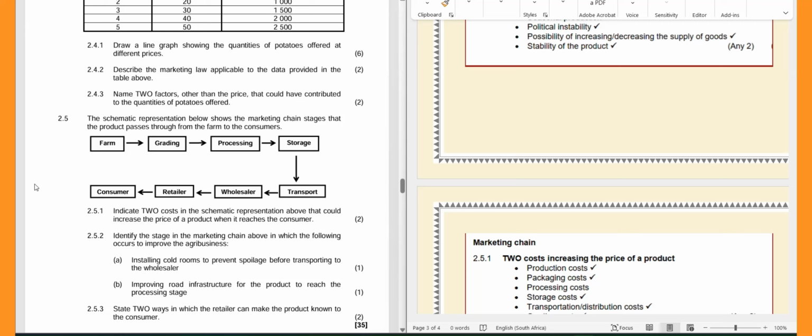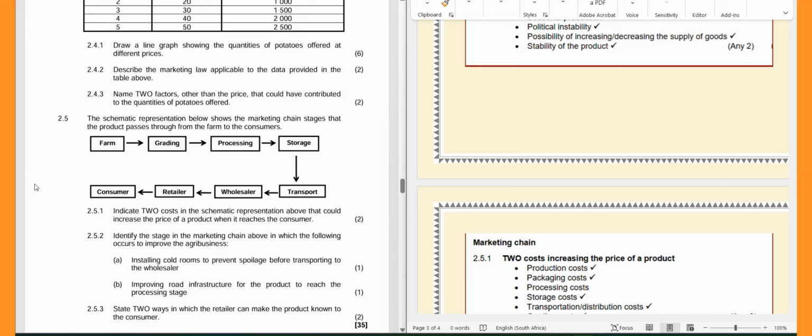Representation below shows the marketing chain stages that the product passes through from the farm to the consumers. We have farm, then from the farm we have grading, then processing, then storage, then transport, wholesaler, retailer, then the consumer.